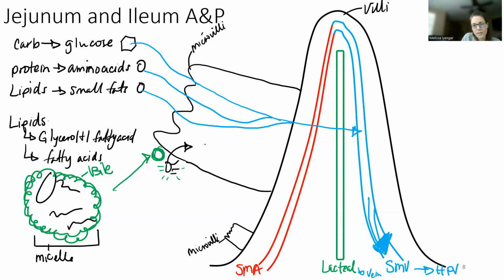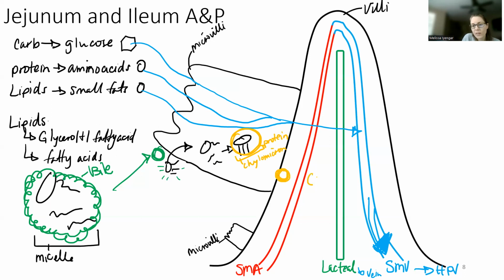So what happens is once this gets inside the cell, it gets put back together as a triglyceride. But that triglyceride is fat inside of a water-based area. So we're going to surround that with protein. And this is called the chylomicron. Okay, the chylomicron is going to get pushed out of the cell.